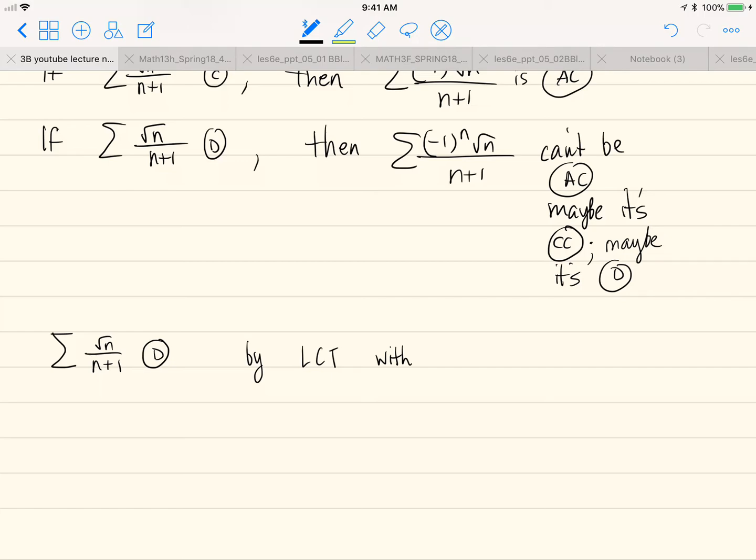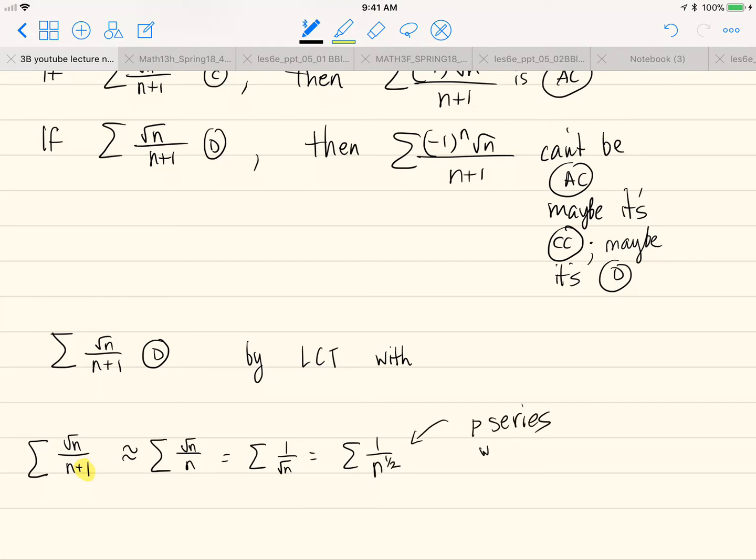This series should remind us of just square root of n over n, right? Because when n is large, that 1 in the denominator becomes very insignificant. And now on the right, what we have is actually a p-series. So 1 over square root of n, which is the same thing as 1 over n to the 1/2, which is a p-series with p equals 1/2. So this series diverges, right?